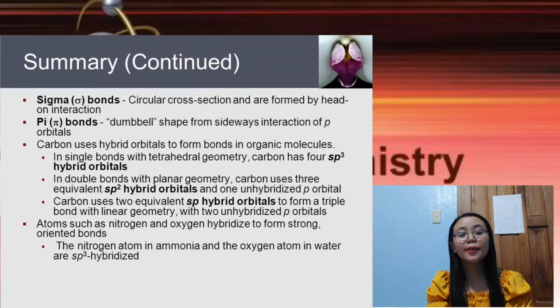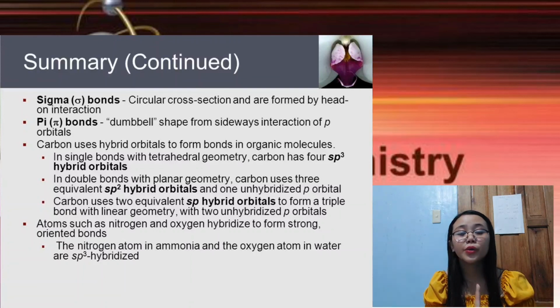Carbon uses hybrid orbitals to form bonds in organic molecules. In single bonds with tetrahedral geometry, carbon has four sp3 hybrid orbitals. In double bonds with a planar geometry, carbon uses three equivalent sp2 hybrid orbitals and one unhybridized p orbital.